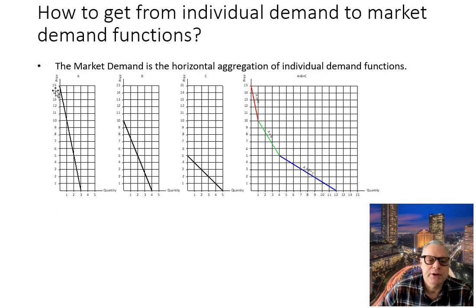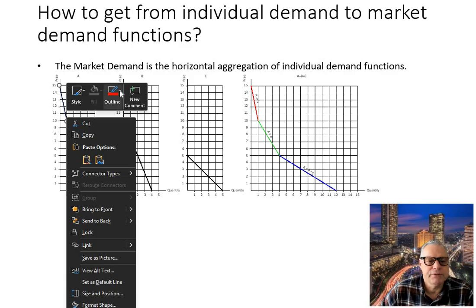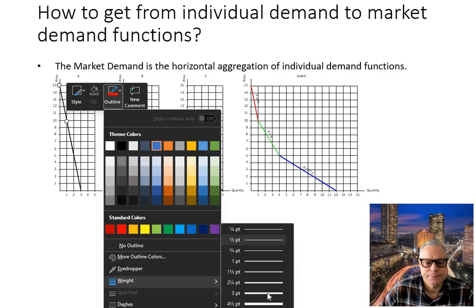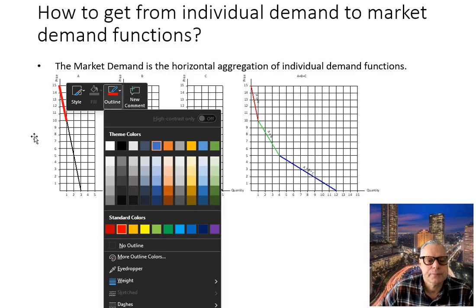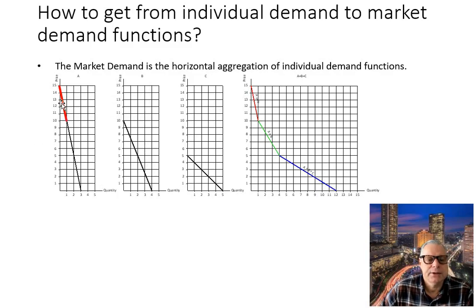Between 15 and 10, we have only individual A demanding. That means this section of A's demand function, which goes till 1 and which is red, is the only relevant part for the market demand function.